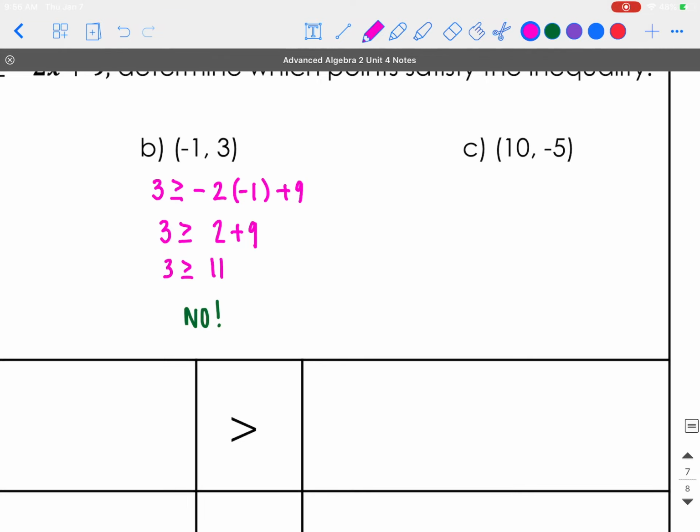And C, negative 5 greater than or equal to negative 2 times 10 plus 9. Is negative 5 greater than or equal to negative 20 plus 9?